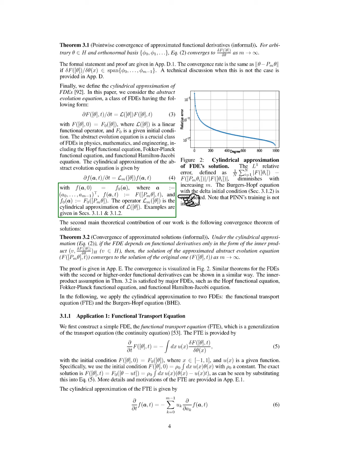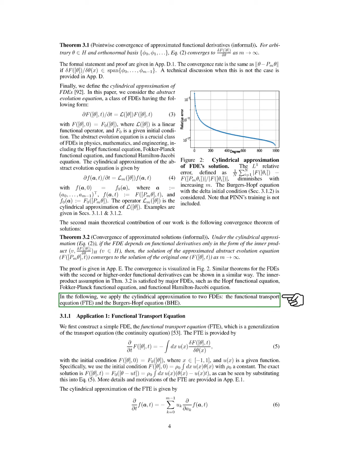Under certain conditions, the solution of the approximated equation converges to the solution of the original equation as we increase the truncation point. We conclude by applying the cylindrical approximation to two specific FDEs, the functional transport equation and the Burgers-Hopf equation.